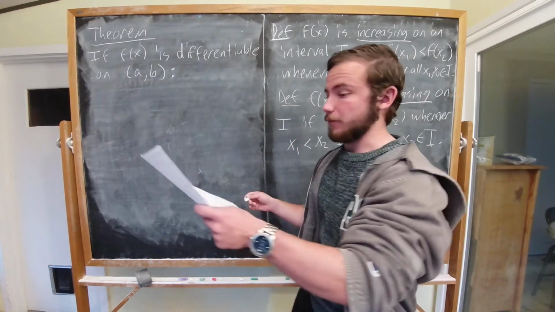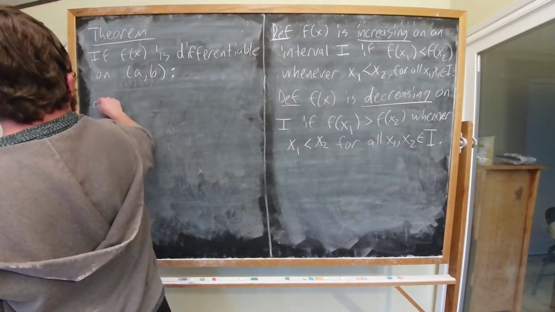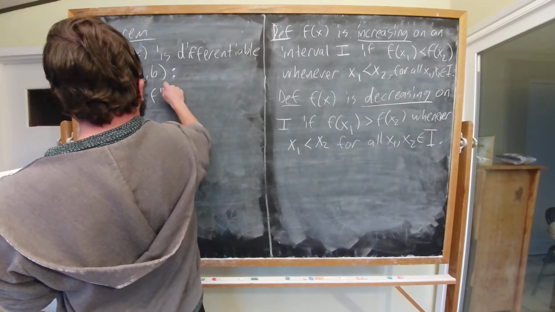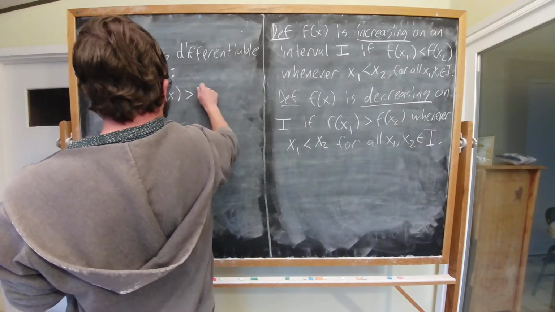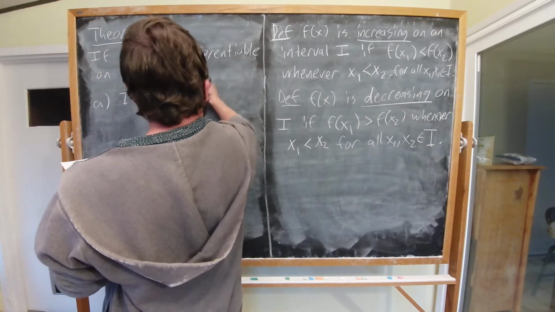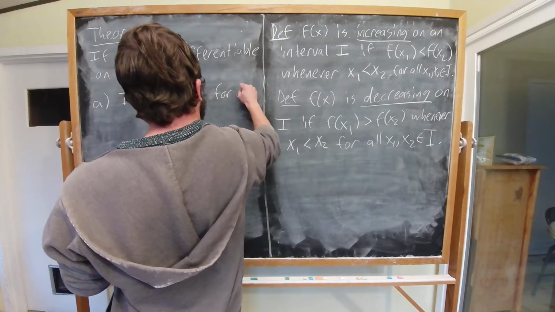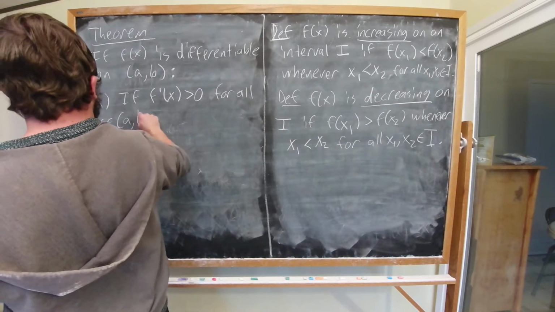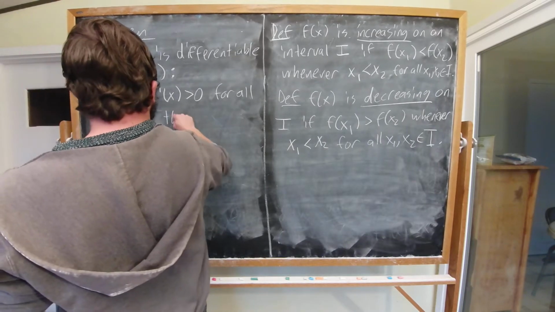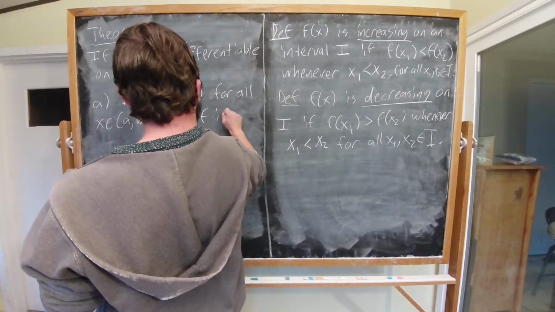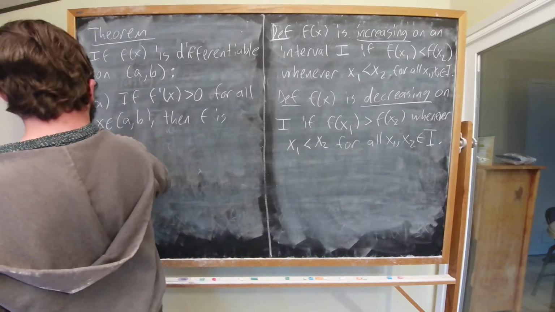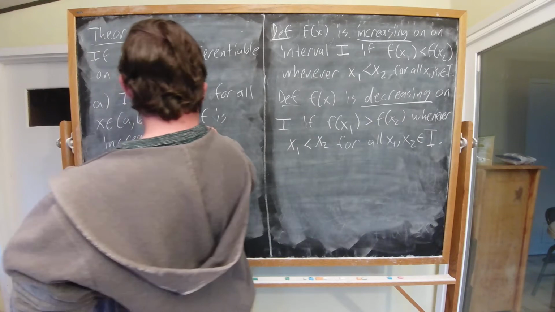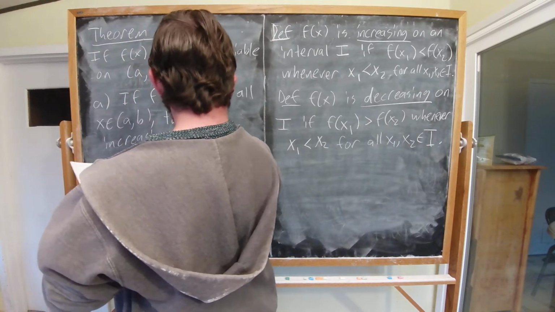So we'll stick with an open interval. Part 1. If f prime of x is greater than 0 for all x in a to b, then f is increasing on a to b.